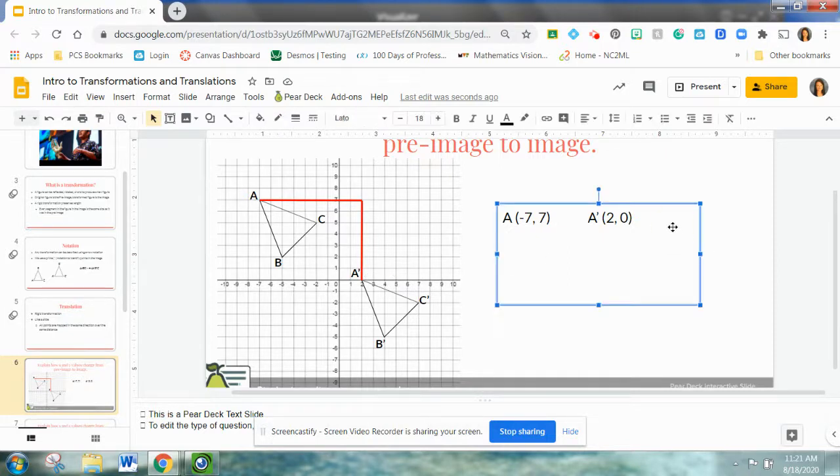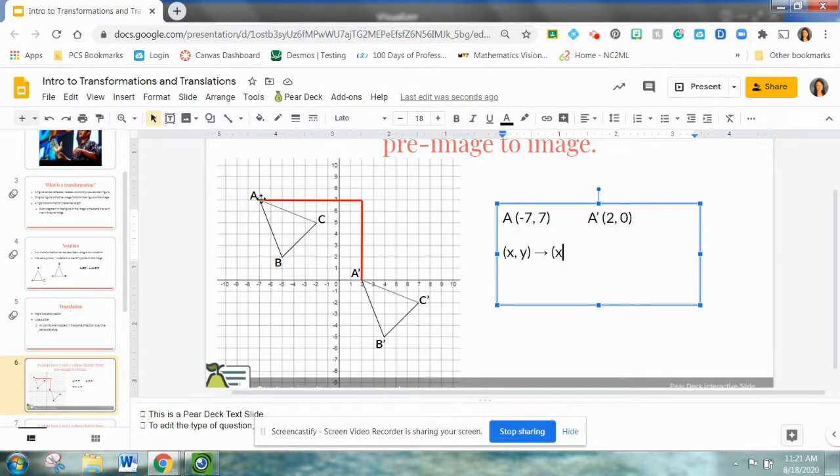So if I'm moving from my X and Y values in my pre-image, what am I doing mathematically to my X value to get from -7 to +2?